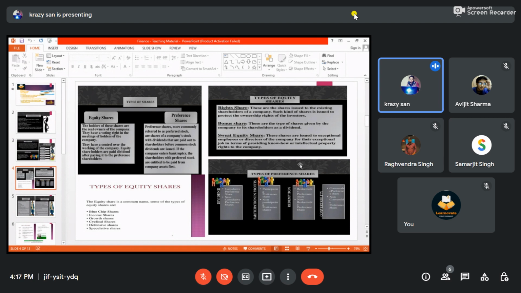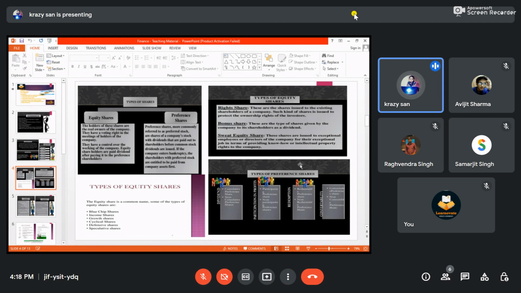Bonus shares are given to the company shareholders as a dividend. Bonus shares are always given as a dividend to the shareholders. And sweat equity shares are given to exceptional employees or directors of the company for their exceptional job in terms of providing know-how or intellectual property rights of the company.